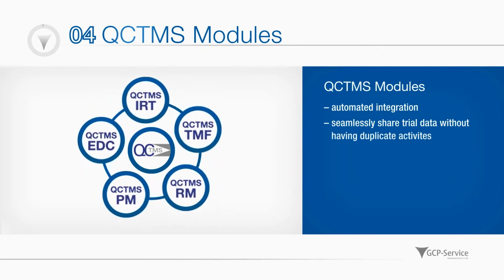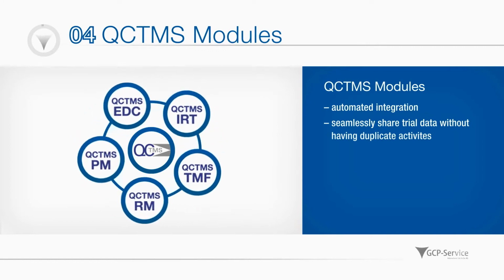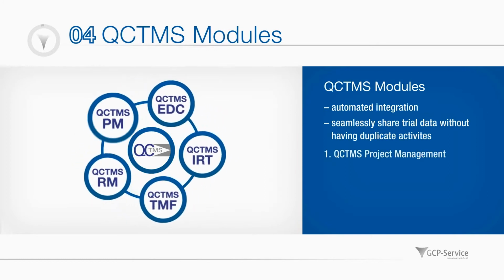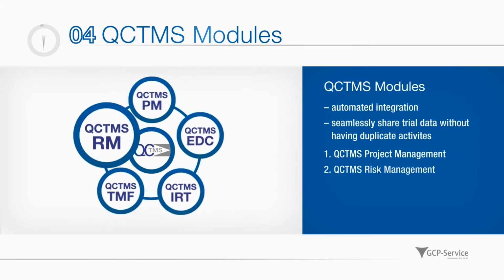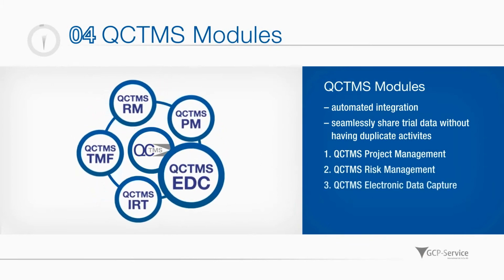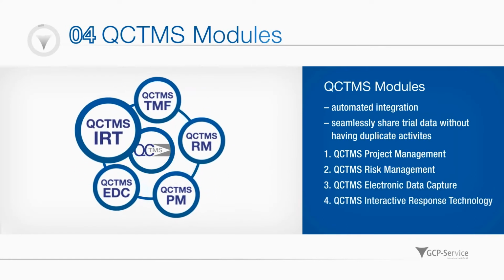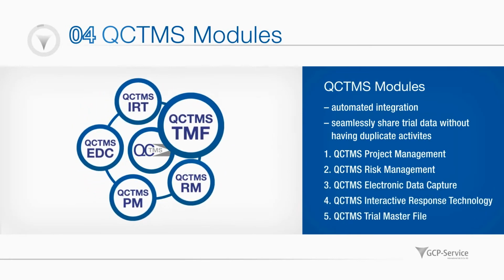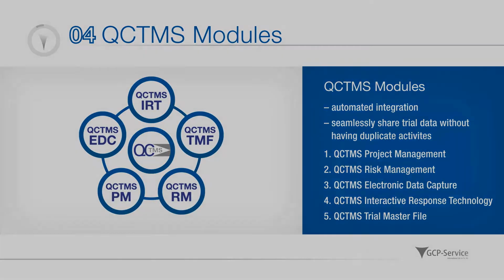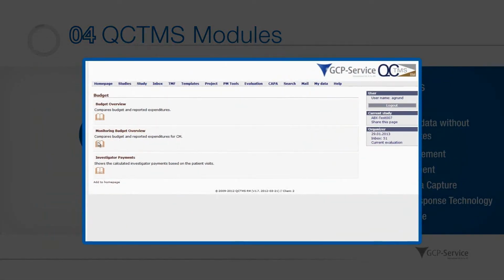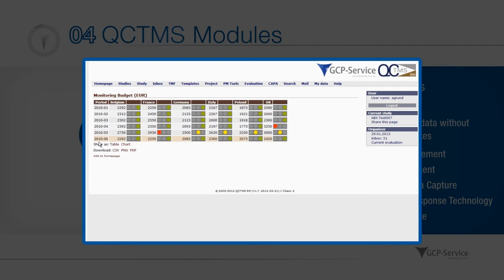Our solution currently contains the following components: Qctms Project Management, Qctms Risk Management, Qctms Electronic Data Capture, Qctms Interactive Response Technology, Qctms Trial Master File. Qctms PM supports project management teams by allowing them to retain oversight on large trials.